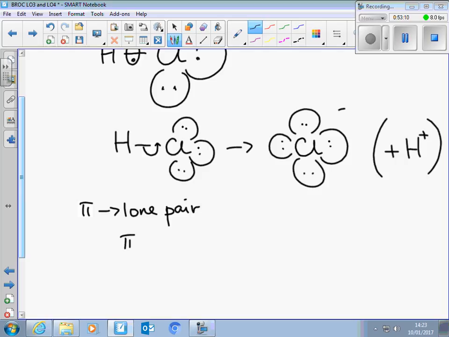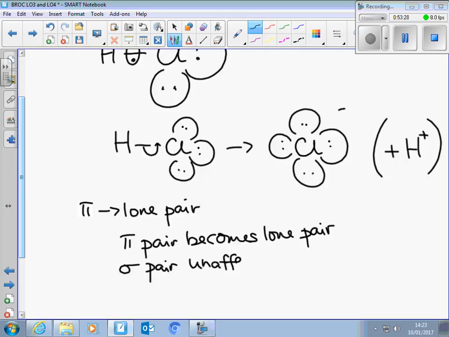So the pi pair becomes lone pair, but the sigma pair is unaffected. Well, not that it's unaffected, it's lost its other pair.